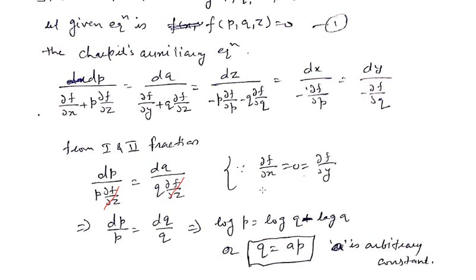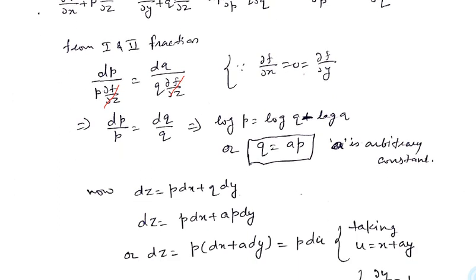Now we replace q in the given equation to find the values of p and q. But before this, we put the values of p and q in the equation dz equals p dx plus q dy. Now here q is ap. So dz equals p dx plus ap dy.